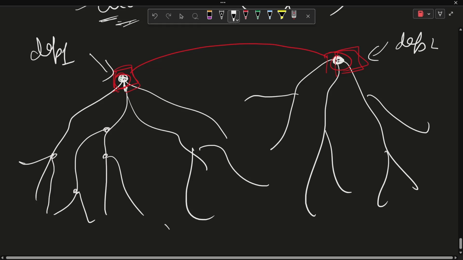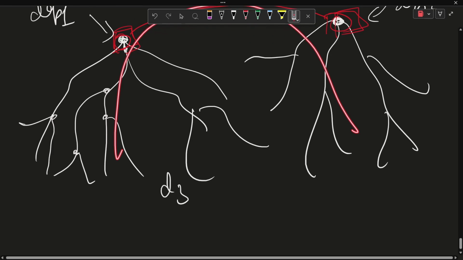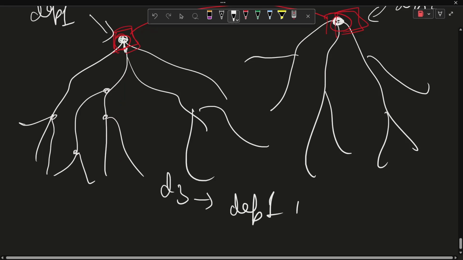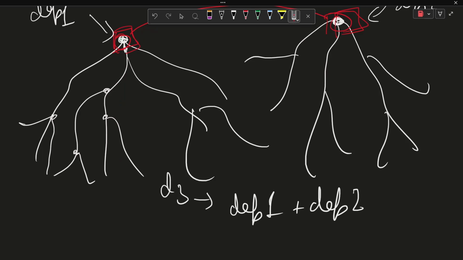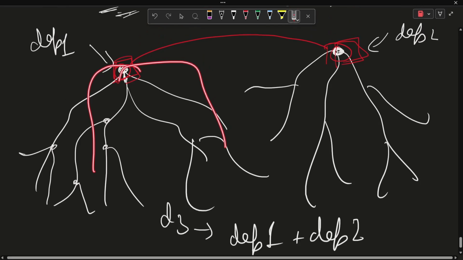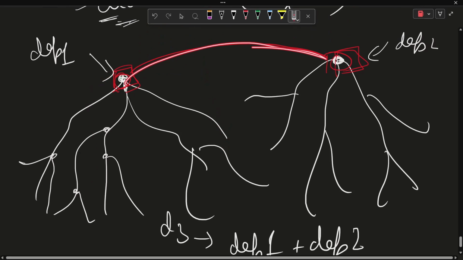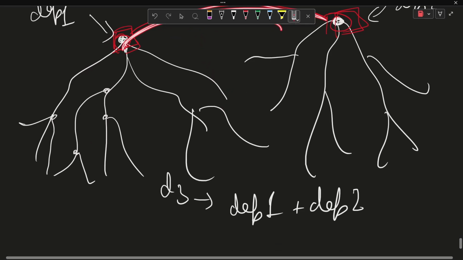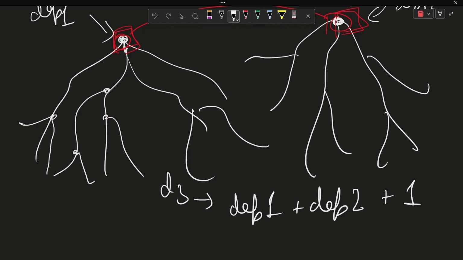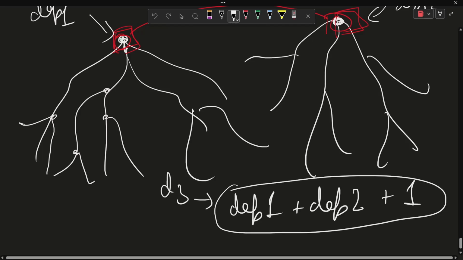Then your D3, which is the longest path passing through both the trees, would be depth 1 plus depth 2. And if you sum up both these depths, then you will also add this one edge, so plus 1. So your D3 is depth 1 plus depth 2 plus 1.